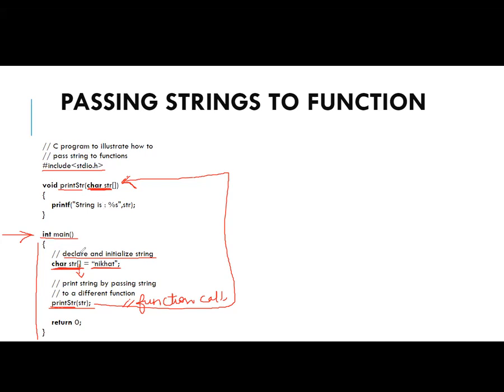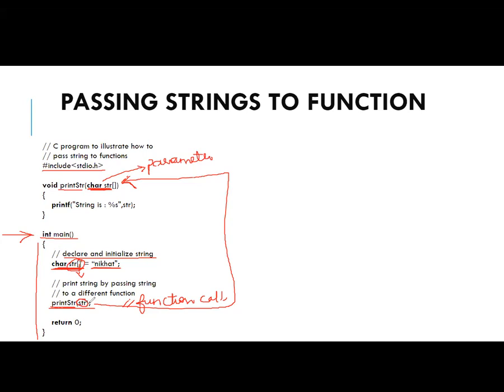So this is how you pass an array, or in this case a string, to a function as a parameter. So this is the parameter, and I have passed this parameter, this entire array.